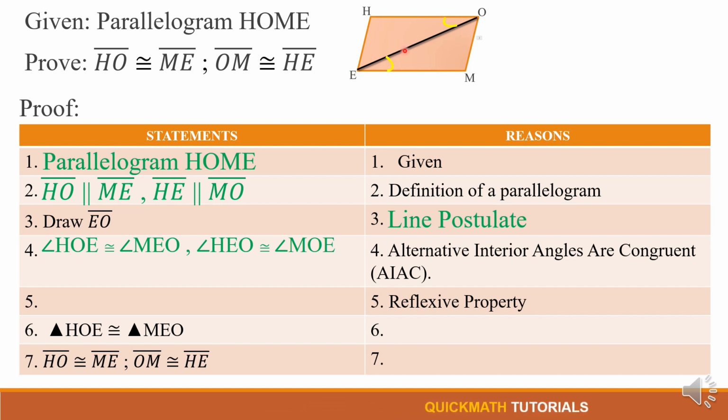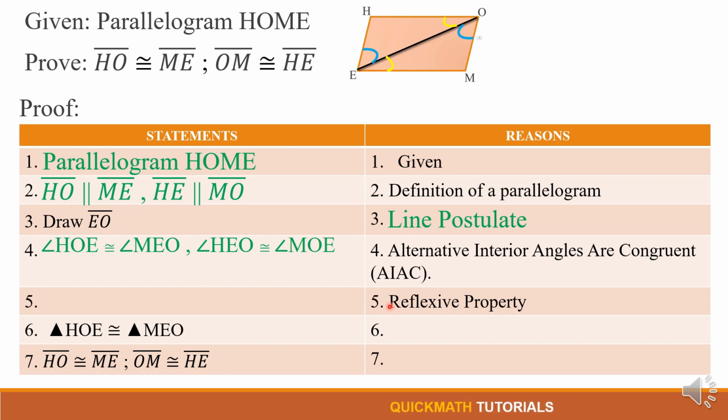We can call them alternate interior angles since these two line segments, HO and EM, are parallel. Alternate interior angles are only applicable to parallel lines. And these two alternate interior angles are congruent. Another pair of alternate interior angles are HEO and the angle MOE. They are also congruent, or equal.